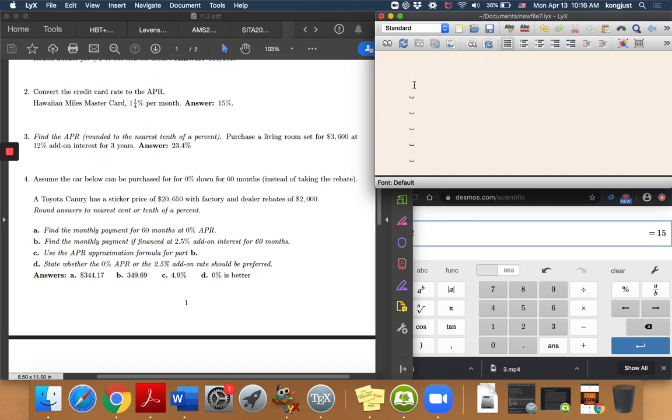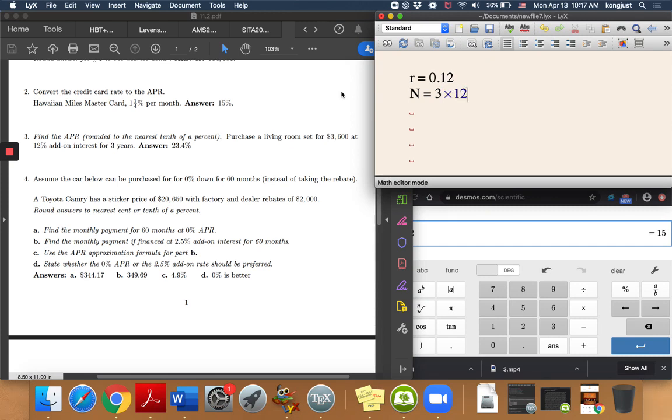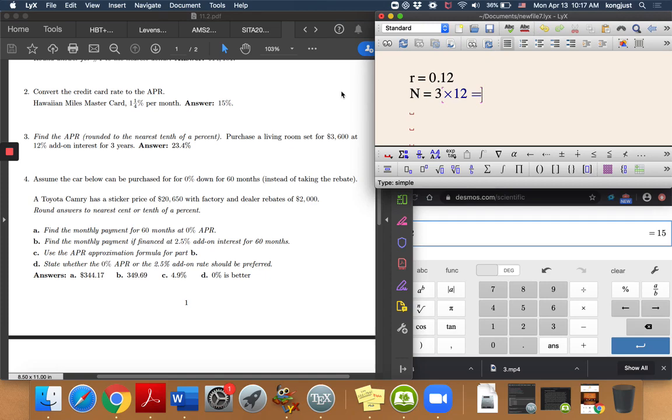That means we're going to be using, first of all, our interest rate is 0.12, right? And N, remember, is the total number of payments, but it's for 3 years, and it doesn't specify, so we're assuming monthly payments. So 3 times 12, which is just 36.